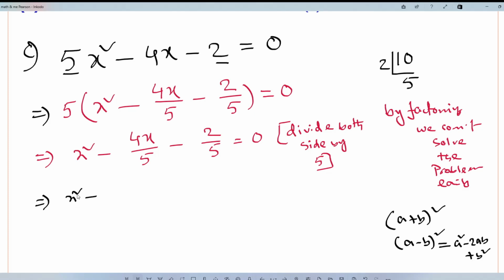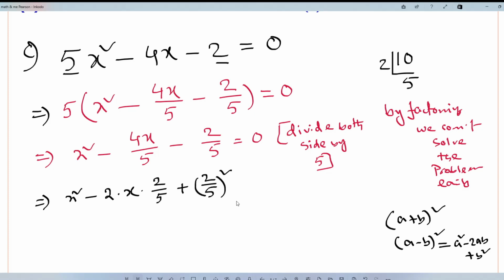So x square means a square, then 2ab, 2 means 2, a is x, so here is 4 by 5. So what do we need? Here is 2, so we can write 2 by 5. Okay, and here plus 2 by 5 whole square.